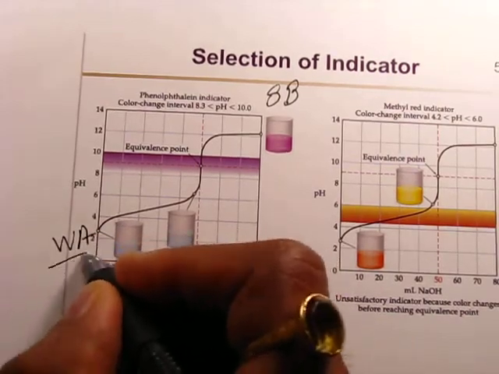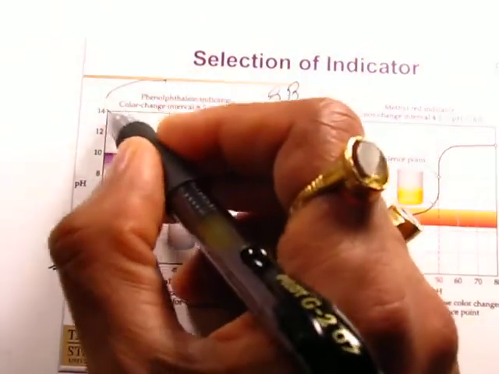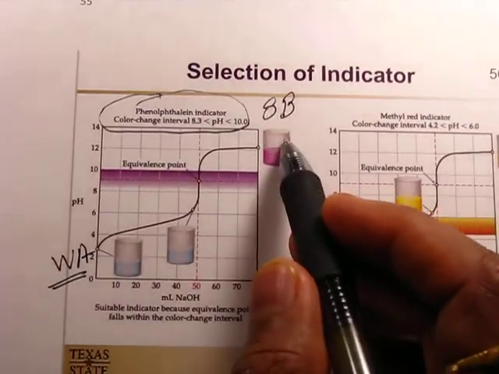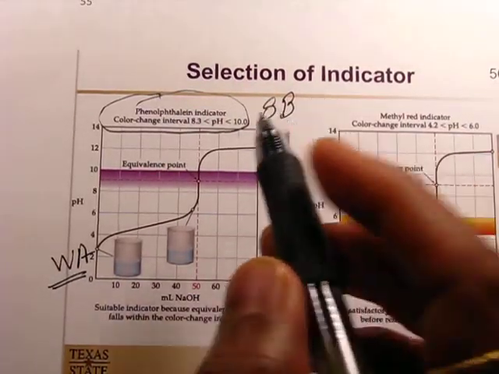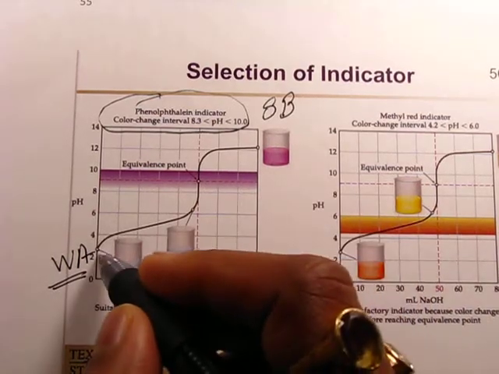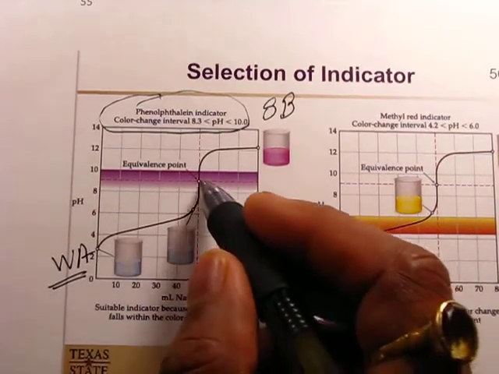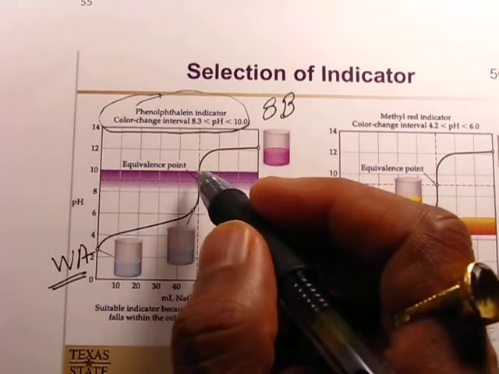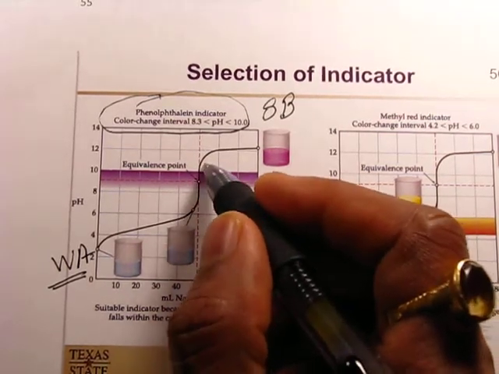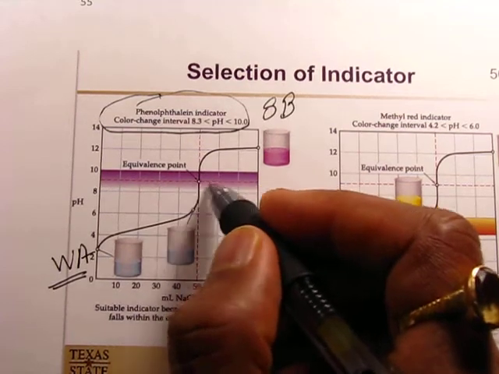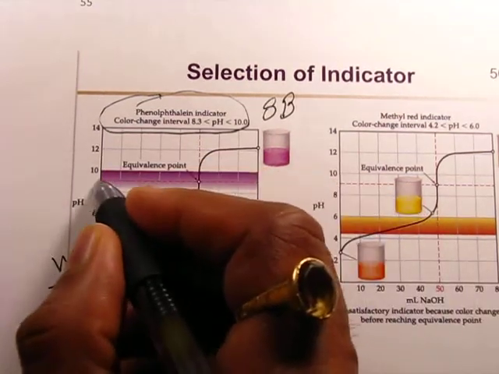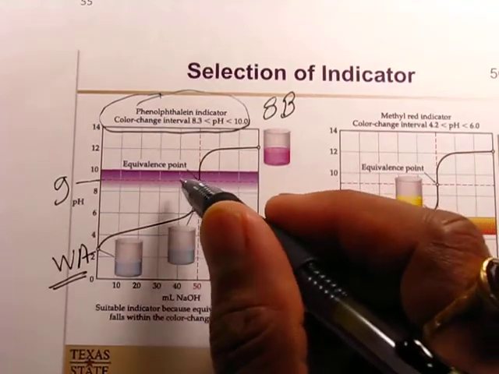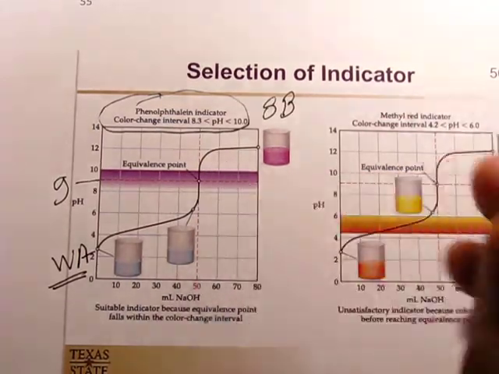So phenolphthalein indicator is good for weak acid and strong base titration, because for the weak acid the equivalence point will lie around 9, between 8 to 10, somewhere at pH 9. That is why we can see that the titration is complete.